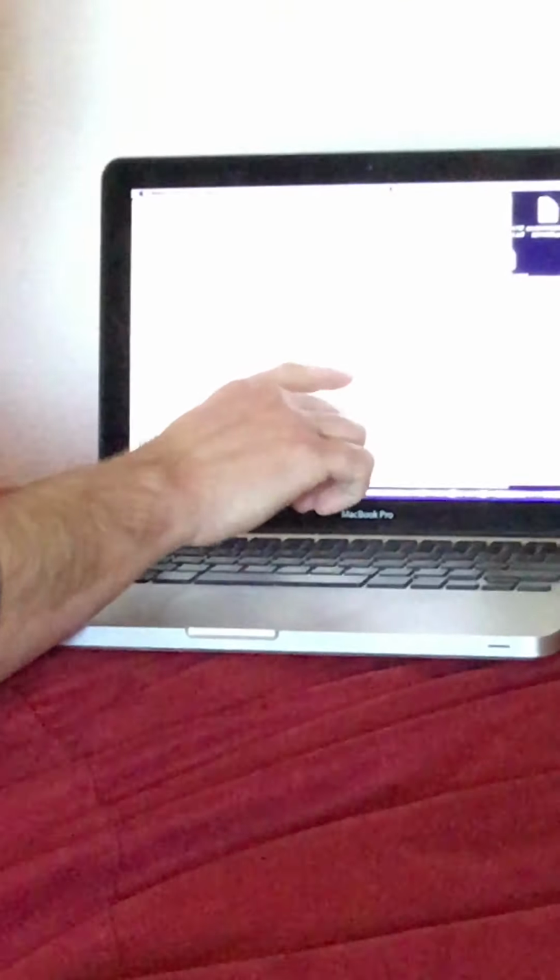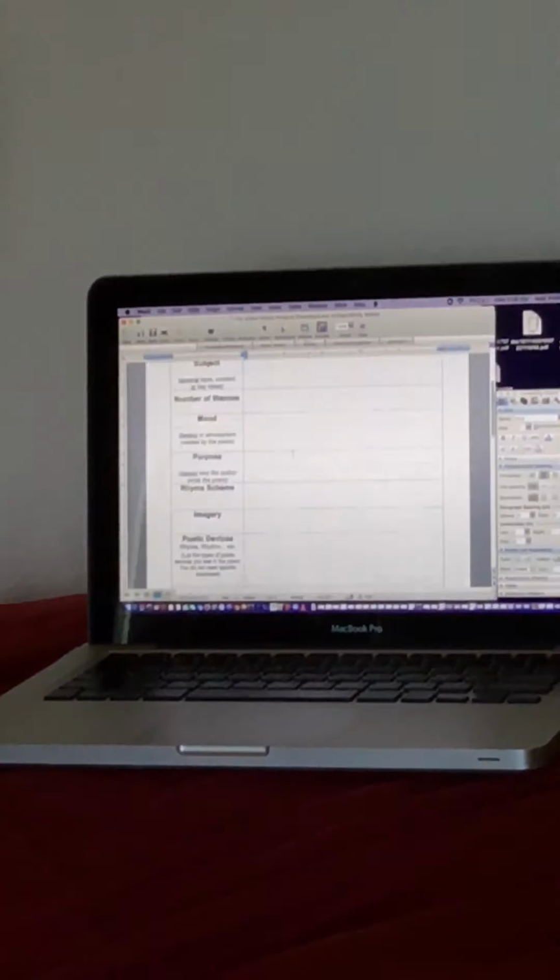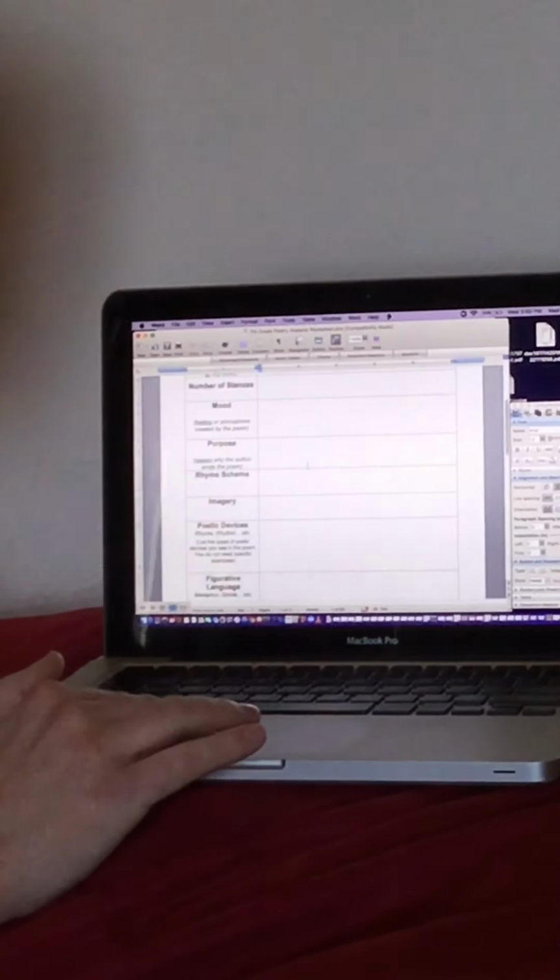That's AABB, which is couplet, ABAB, which is alternate, and ABBA, which is going to be enclosed, and the last one's free verse, which means there is no definitive rhyme scheme. There's no pattern in the way things rhyme. And if you don't know if it's one of the major ones, write down the letters in that spot, and then at least you have points for doing most of the work.